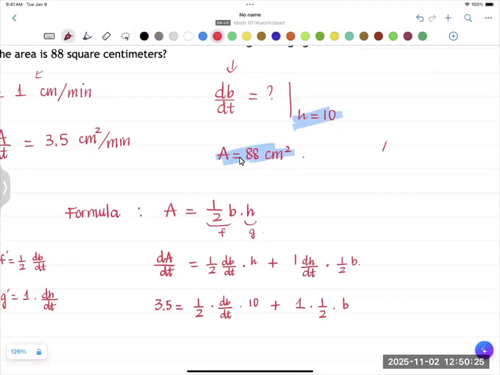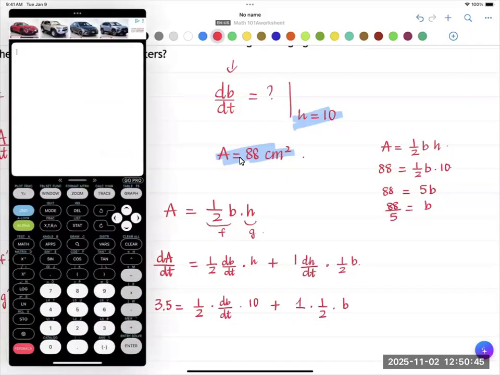We know the area is 1/2 base times height. When the area is 88 and the height is 10, what is b? 88 equals 5b, so b will be 88 over 5, and in the calculator, 88 over 5 is 17.6.